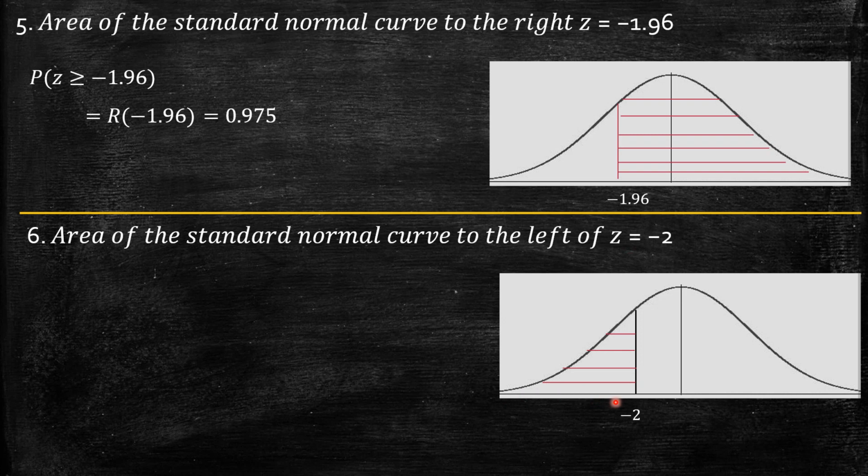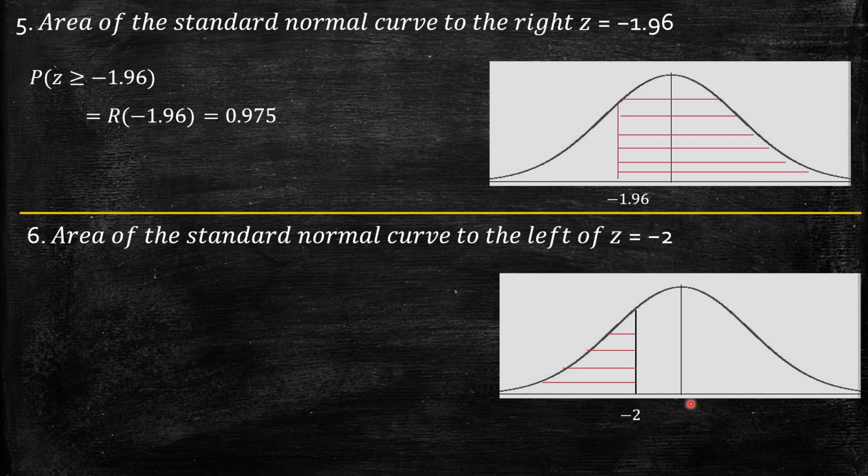By using your calculator, the operator is P. P denotes probability from minus infinity to any particular point. If I want to use the standard normal table, then we can find the shaded region area by subtracting the area from 0 to minus 2, that is A of minus 2, which means A of 2.